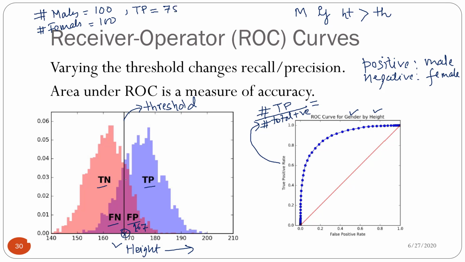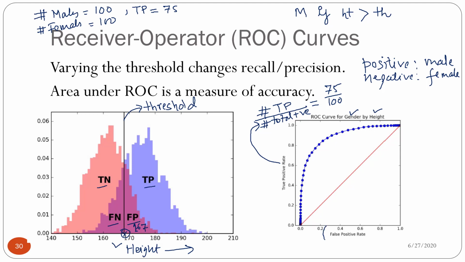That means 75 males have been correctly classified as males in this case. So what is my true positive rate? It would be 75 divided by 100. Correctly, 75 males were classified as males, and the total number of males, or total positives, that I have is 100. That is the true positive rate.